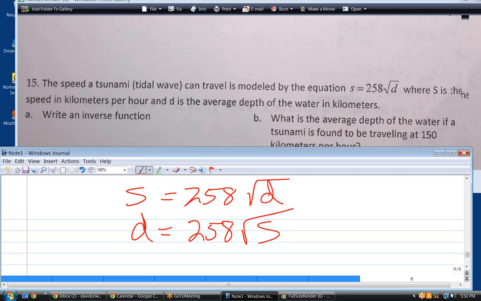In other words, if the first step is to switch the variables, what's the second step? You solve for S. In other words, you solve for the variable. We had it solved for S. But once we switch the variables, it's never going to be solved for that. So now we have to do algebra on this to solve it for S.